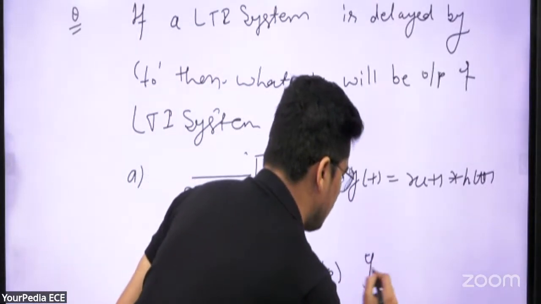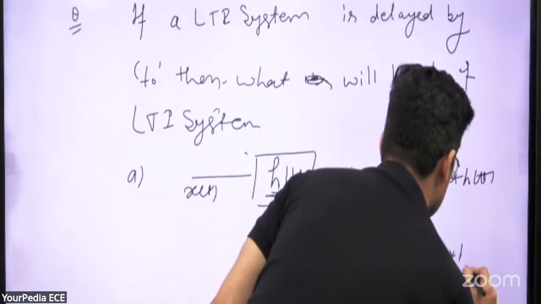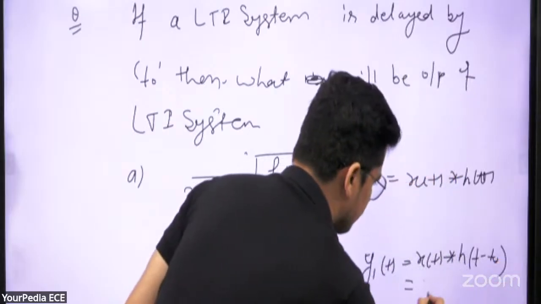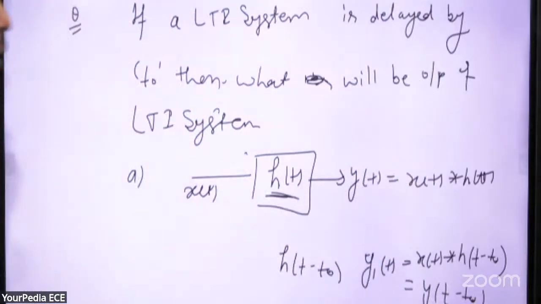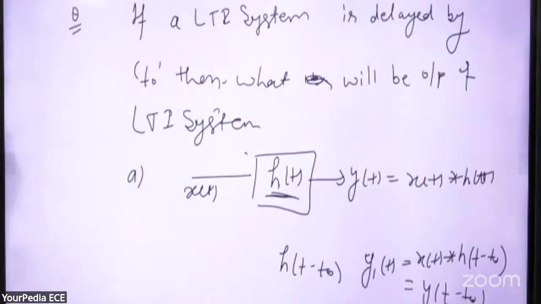Then the new output y1(t) is x(t) convolution with h(t minus t naught), and this becomes y(t minus t naught). So the output will also be delayed by the same t naught, right? The first option is unchanged, the second option is delayed by T naught. So the answer is delayed by T naught, right?